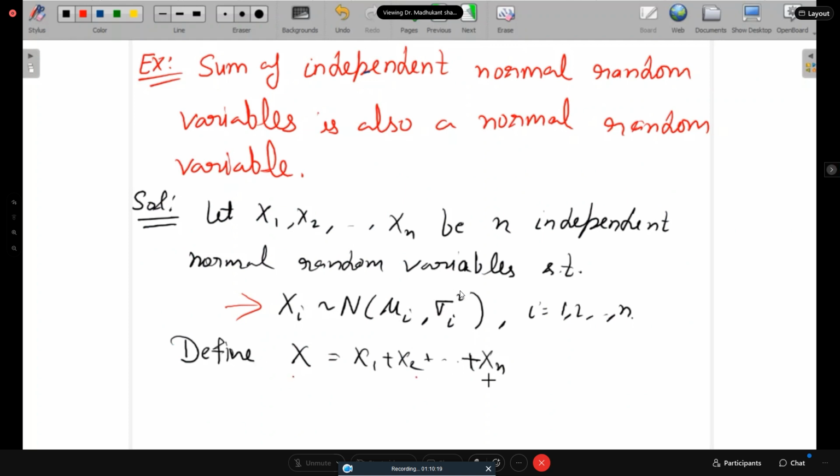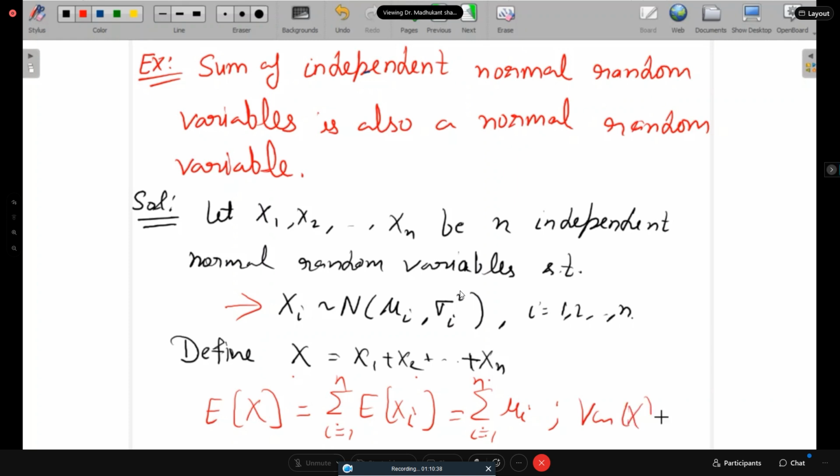Define X as their sum. It is very easy to find the expectation of X: summation i equals 1 to n of expectation of Xi, which is summation of mu i. Similarly, since they are independent, the variance of X is the summation of their variances, summation i equals 1 to n of sigma i square.